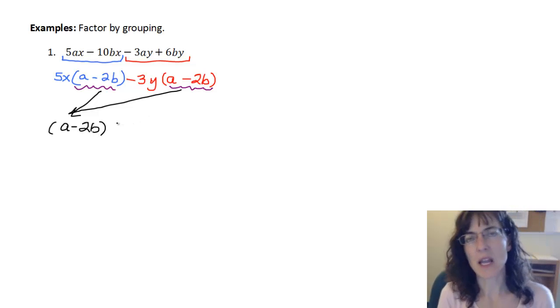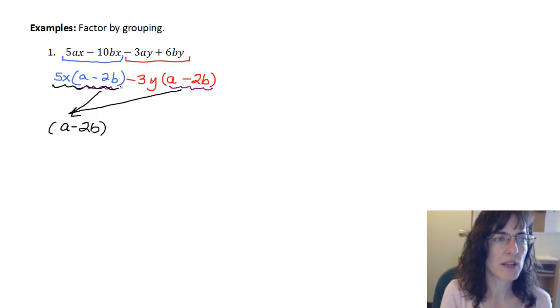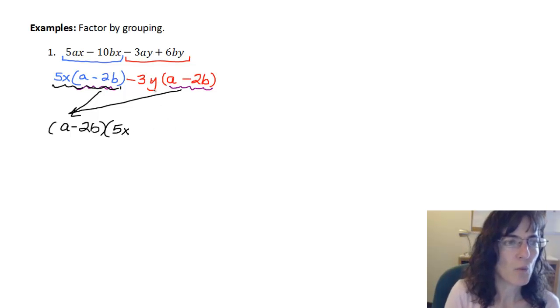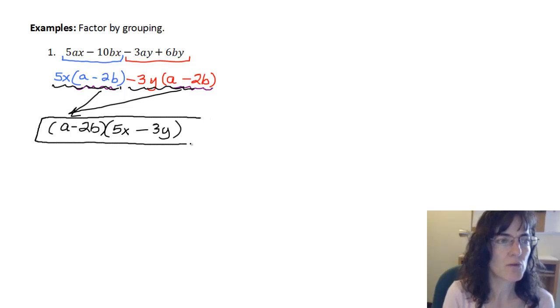And I'm asking a minus 2b times what will give me 5x times a minus 2b? Well, it's going to be a 5x. And then what else do I have to multiply by to get this negative 3y times a minus 2b? Well, it's a negative 3y. The a minus 2b is already being pulled out. So there's my factored form.